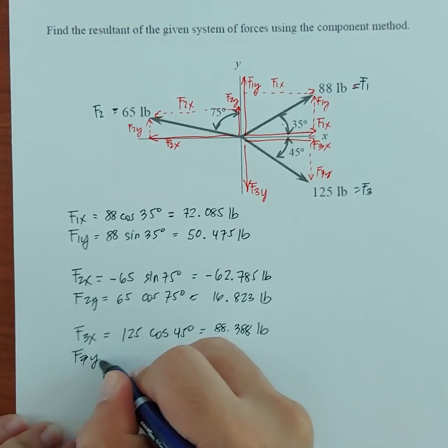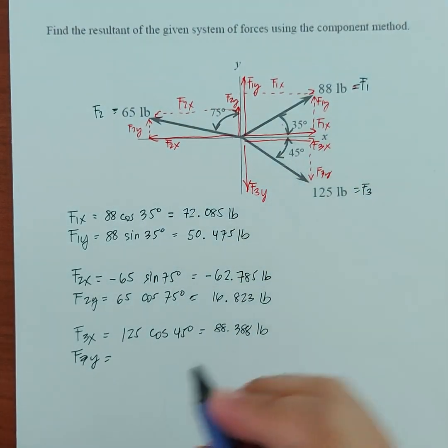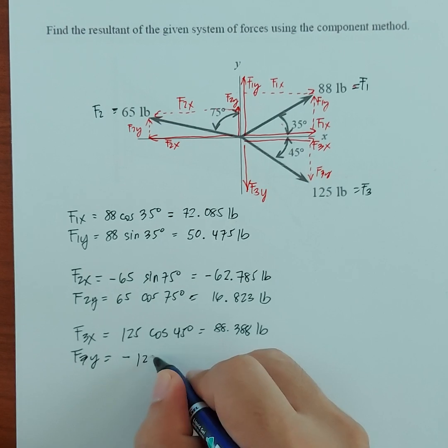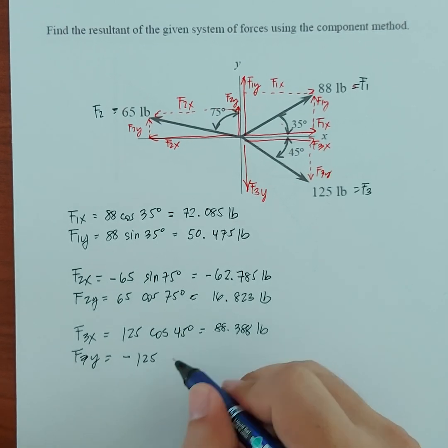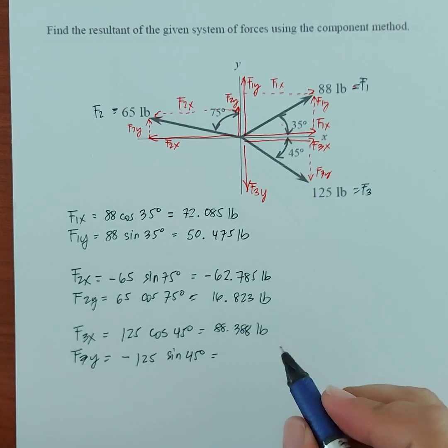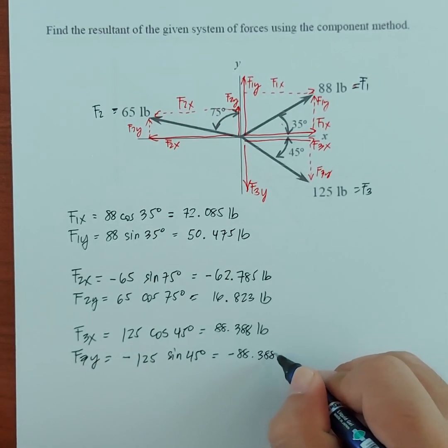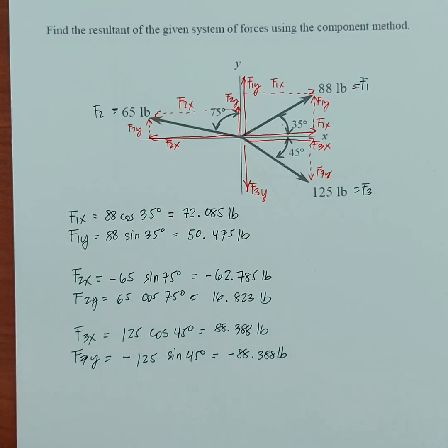And F3y is downwards, so that should be negative. So negative 125 sine of 45 degrees. That is equivalent to negative 88.388 pounds. Okay? Alright, I think we're good.